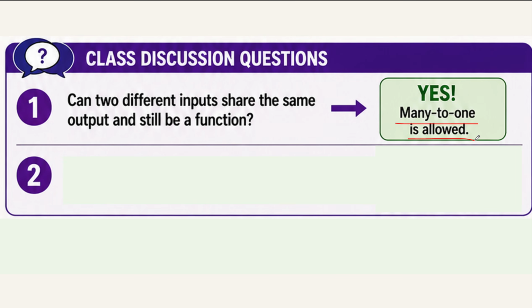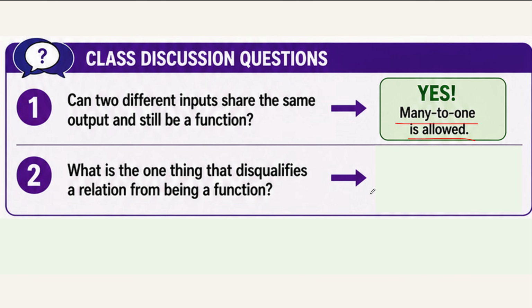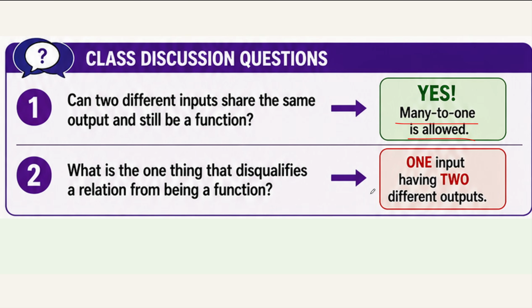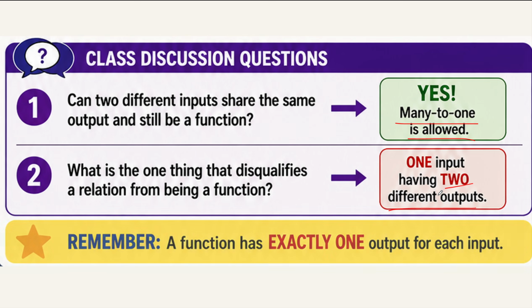Ang bawal lang naman is one input tas may many output siya. Bawal yun. Okay? What is the one thing that disqualifies a relation from being a function? One input having two different outputs. Again, disqualify natin yan as a function kapag yung isang input ay may dalawang different outputs. Again, a function has exactly one output for each input.